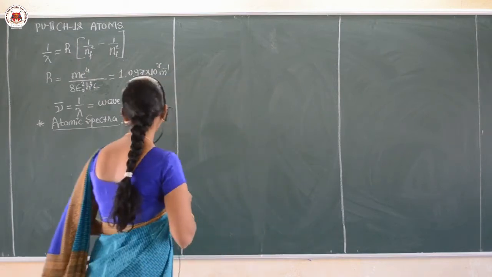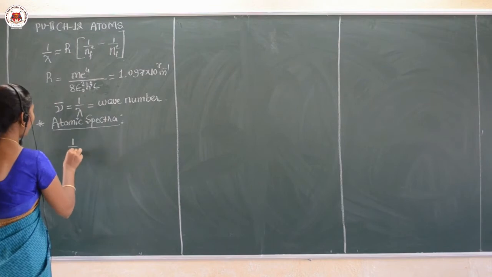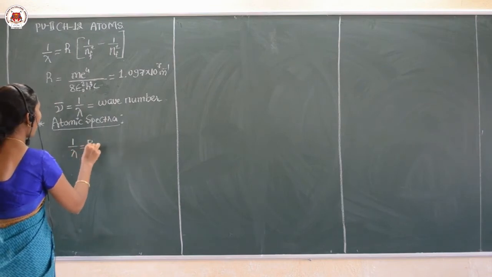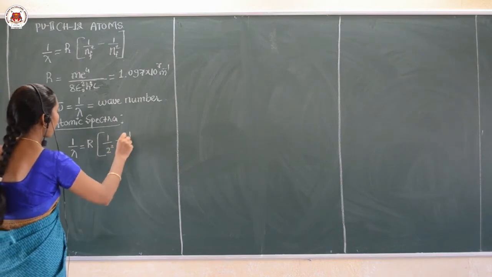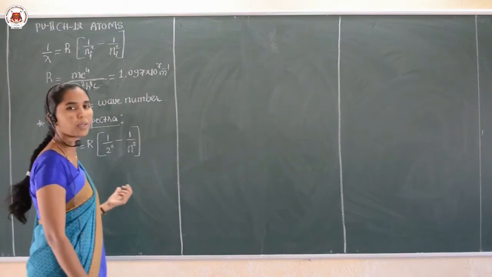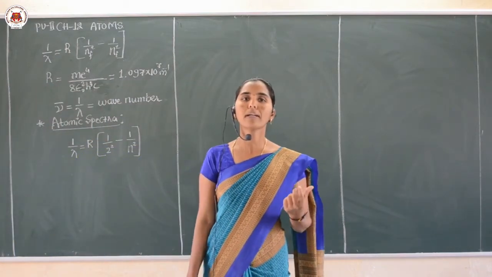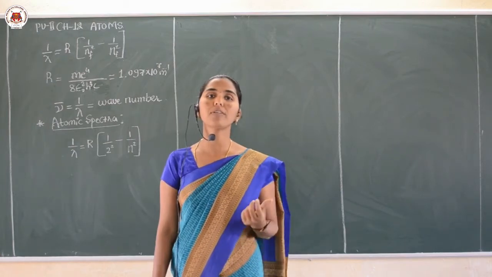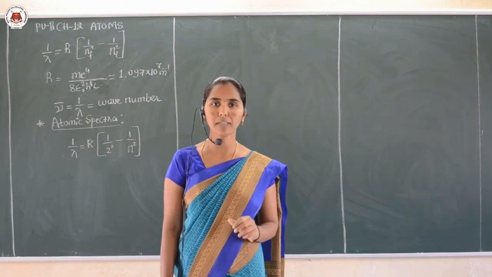So the formula was given by 1 by lambda is equal to R into 1 upon 2 square minus 1 upon n square. This is the formula given by Balmer, and this Balmer spectrum is observed in the visible region of the electromagnetic spectrum.